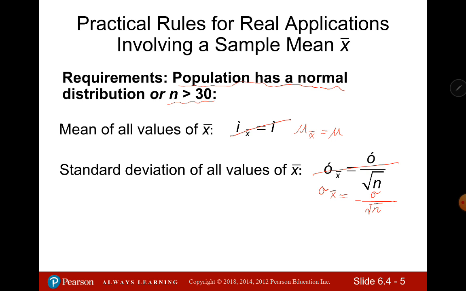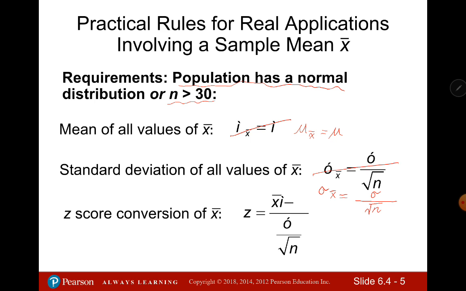So we will have another formula for the z-score. But this z-score is not for a single x value. It's just for a sample mean x bar. So here, the numerator will be x bar.